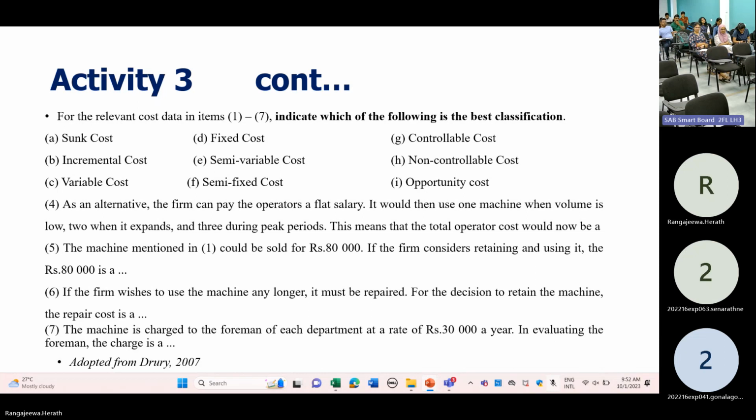This is the machine cost divided among the foremen, charged 30,000. When evaluating the foreman, it's 30,000.